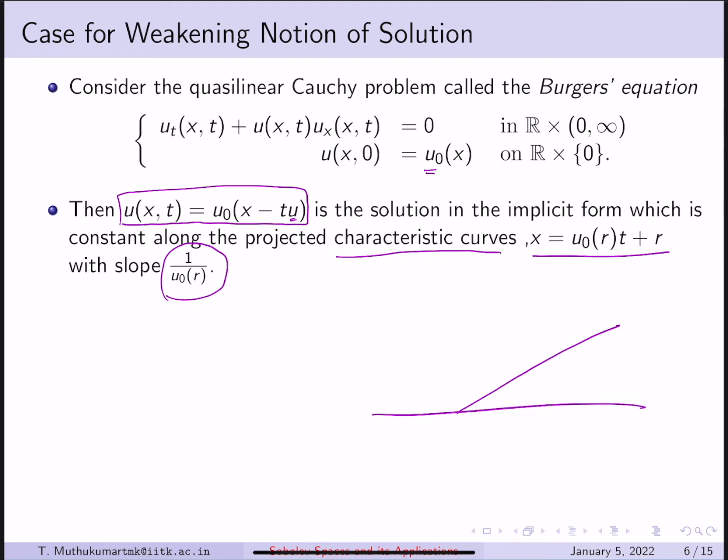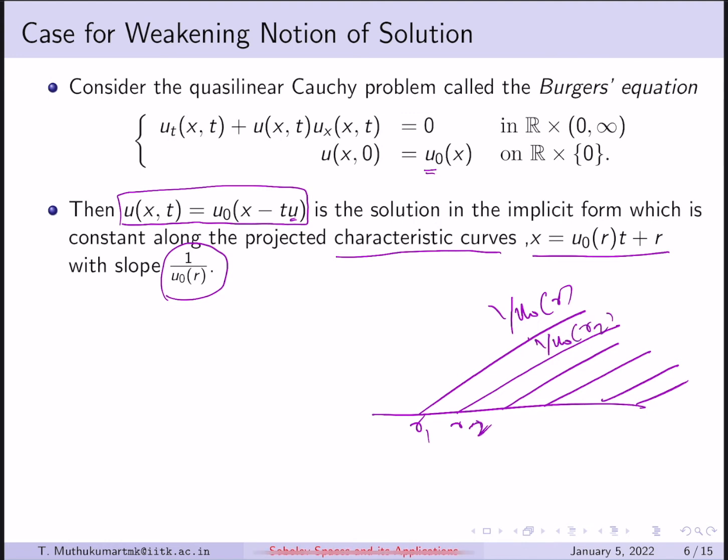So they were all parallel lines emanating from the x-axis, like this. This was the situation in the previous case. Whereas now, suppose this is r, then the slope of this line is u naught of r. Similarly, if this is r2, the slope of this line is u naught of r2. This is r1, let's say. So the slopes of these lines all change depending on the point that you start with, because of the non-linearity in the equation. And along these curves, the value is constant.